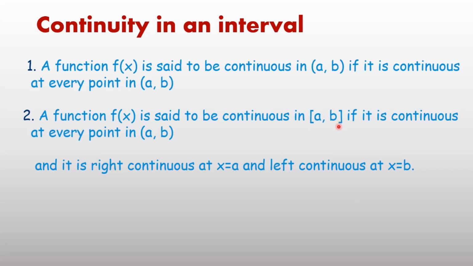Then we can say the function is continuous in the closed interval [a, b]. Here you can easily observe that at x equal to a, the right hand limit equals the value of the function at a, and at the second point b, the left hand limit equals the value of the function at b. At all remaining points between a and b, the function is continuous.